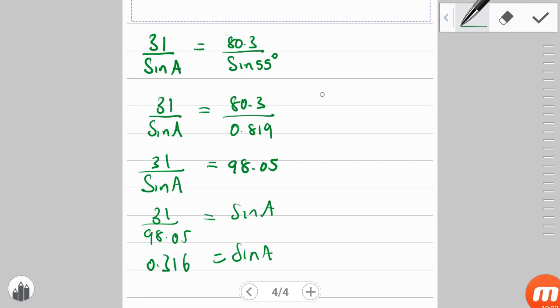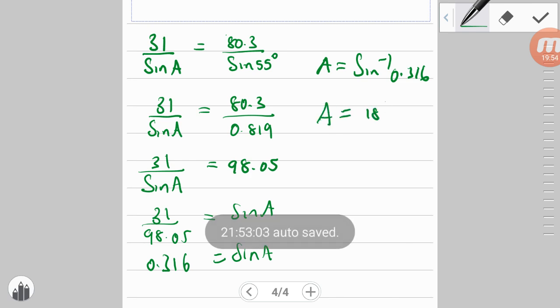0.316. So therefore, to find the angle, that's going to be easy. A is equal to arc sine of 0.316, which is approximately 18 degrees.